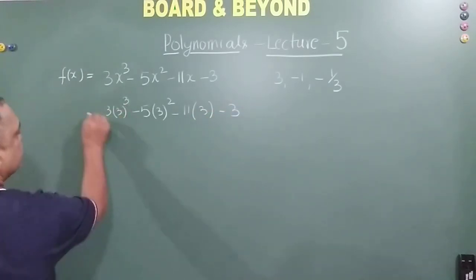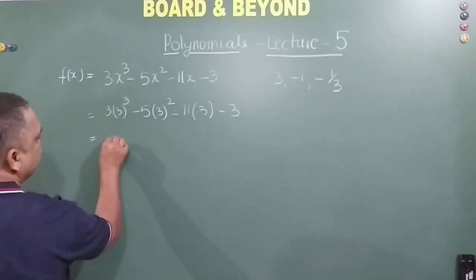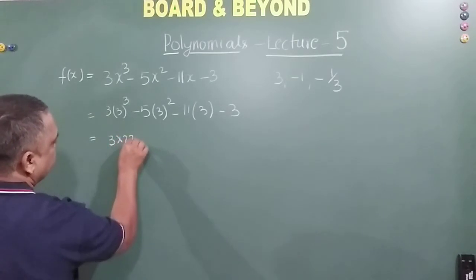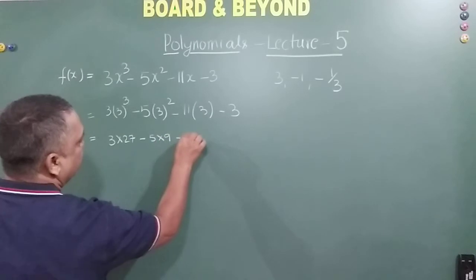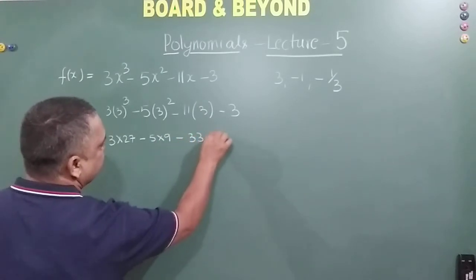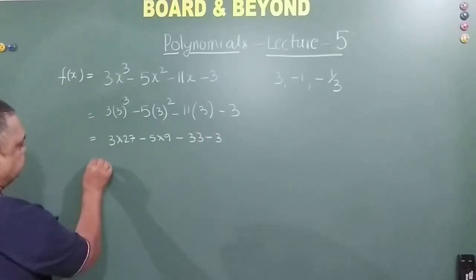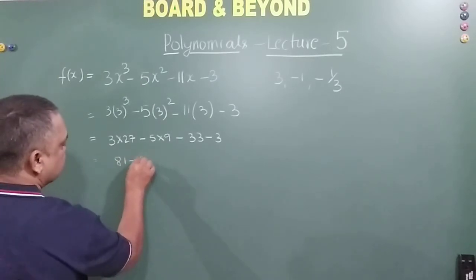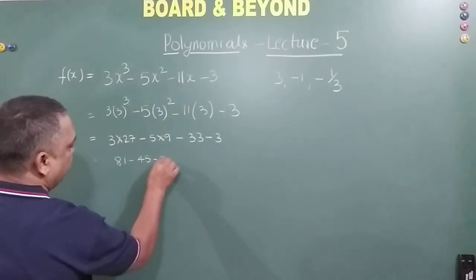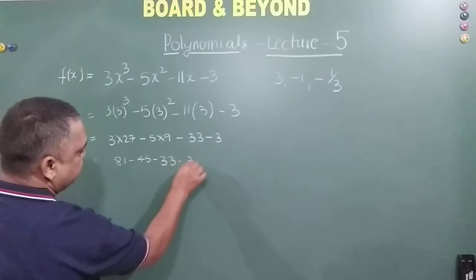This leaves us with 3 into 27 minus 5 into 9 minus 33 minus 3, which is equal to 81 minus 45 minus 33 minus 3.